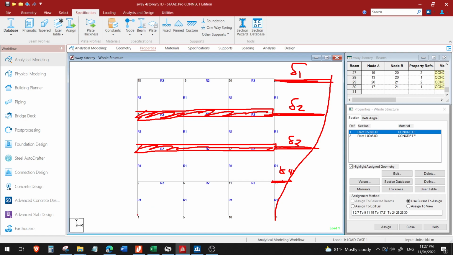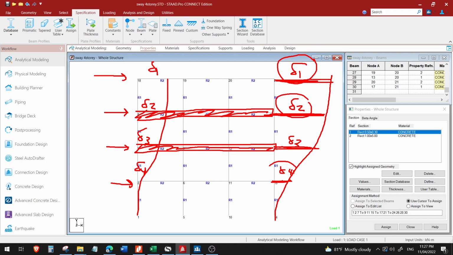Okay, so the same here. When this sways, this is delta 1 also, delta 2, delta 3, delta 4. Now, for a typical earthquake loading, lateral load, it is expected that this is the largest lateral displacement, right? So then this is the smallest, delta 4.